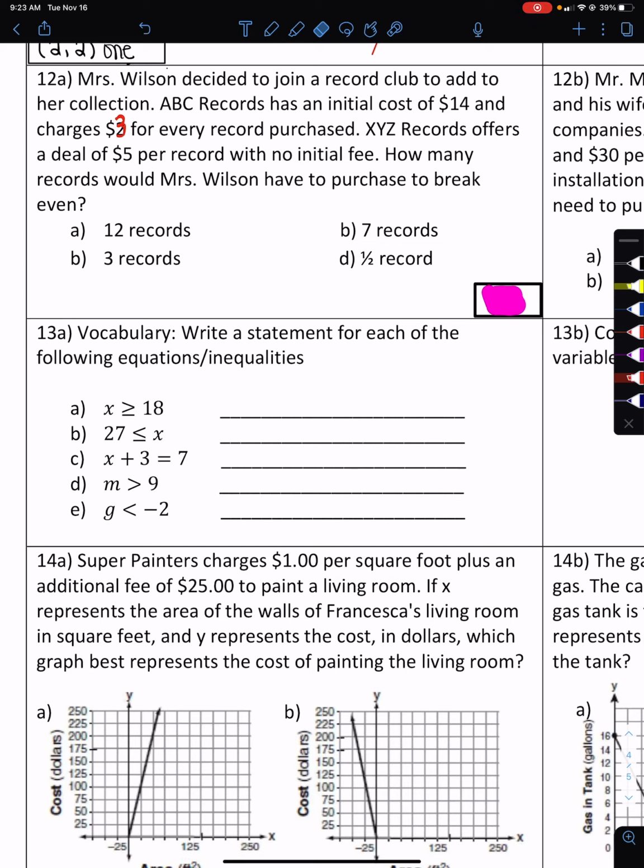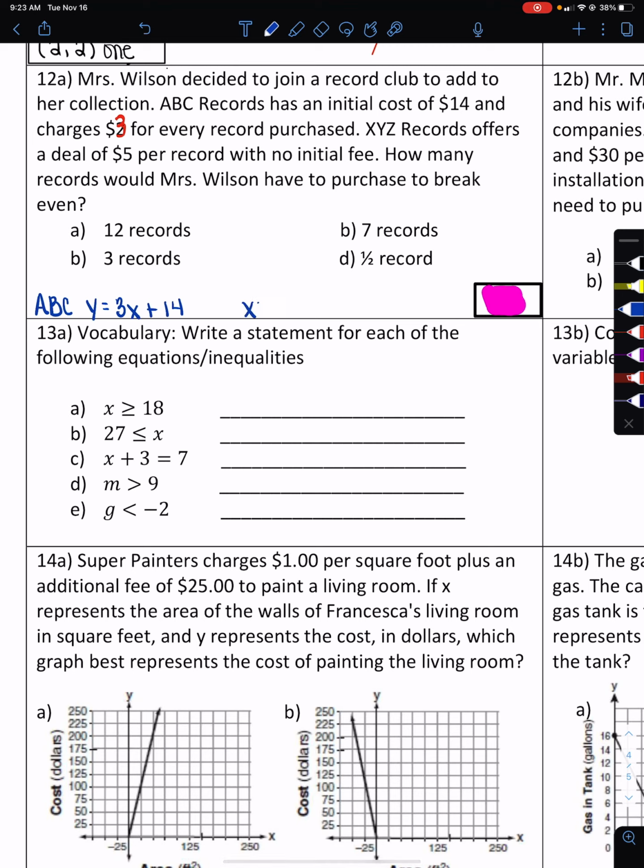All right, so let's see. Store ABC will charge her y equals $3 for every record. We don't know how many records she buys, plus $14. Okay.